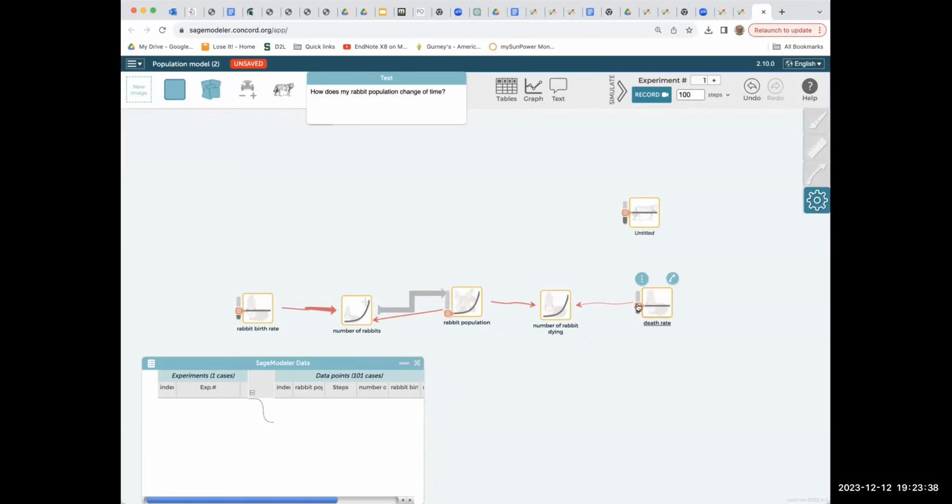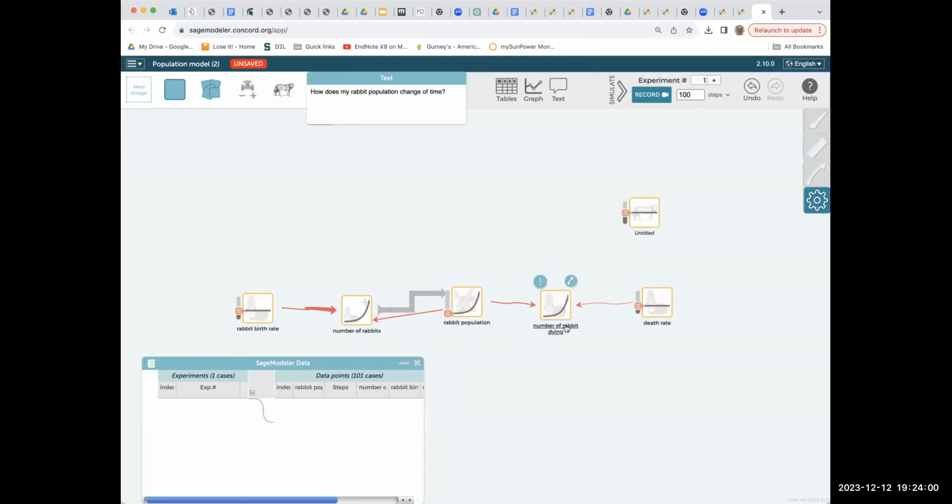And of course, one of the things I can notice when I'm doing this is that the number of rabbits flows into my rabbit population. Well, that should be true with the number of rabbits dying too. Remember, the thick pipe indicates a flow in.